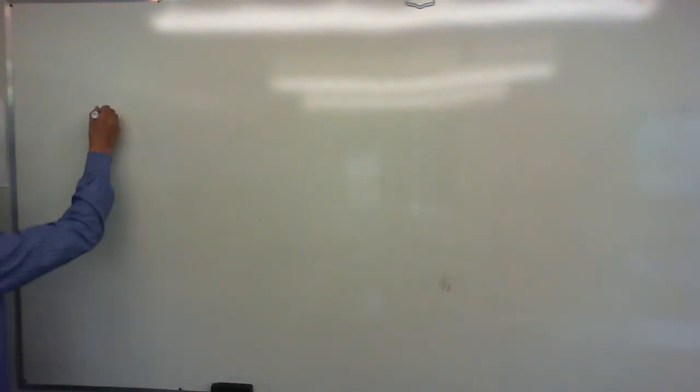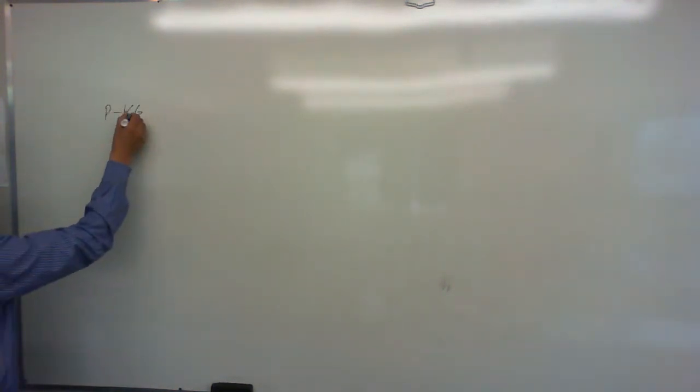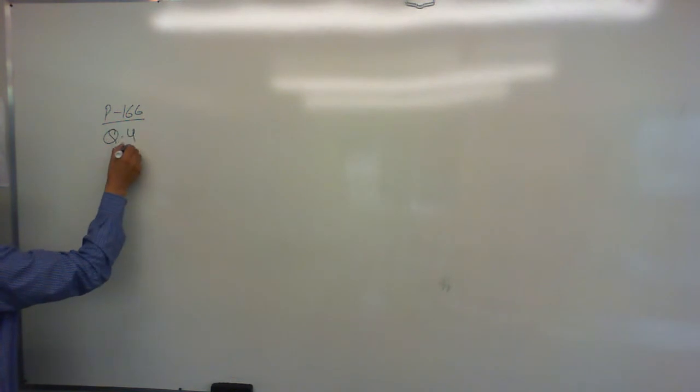This one is on page number 166 and it's question number 4. Build your skills problem, question 4. Read the question. It says a grocery store is running a promotion. Everyone who makes a purchase receives a ticket that may win them a prize. And what are the prizes?